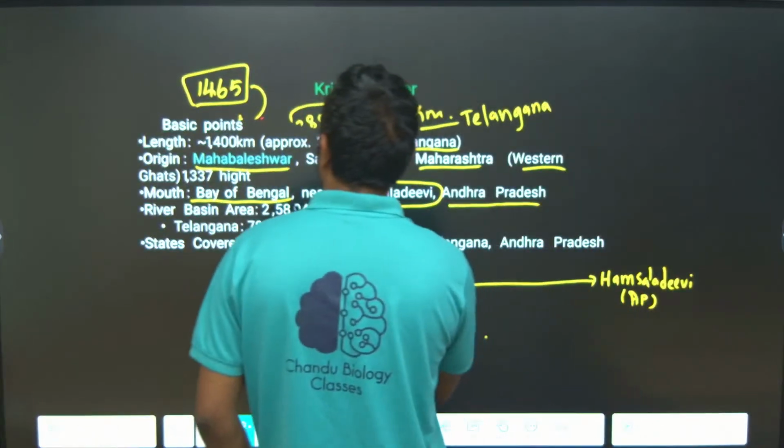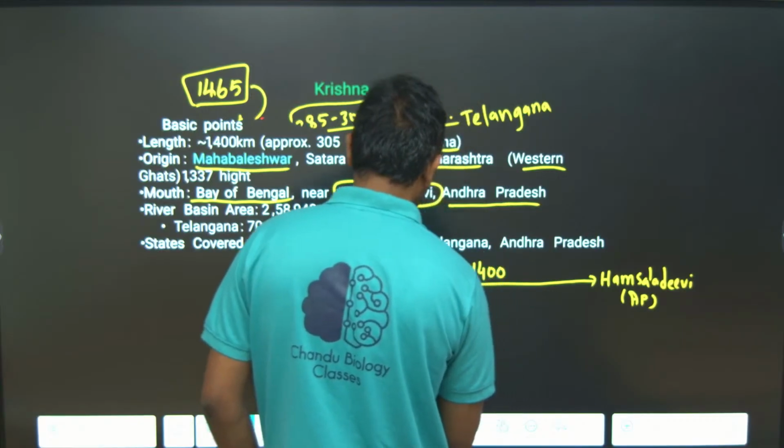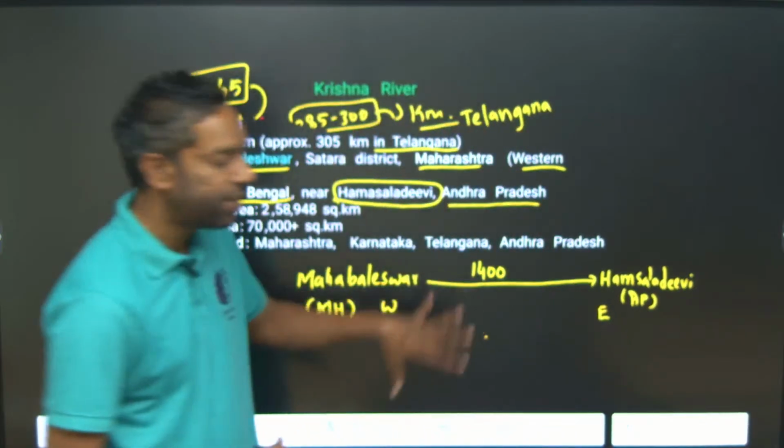It travels 1400 kilometers from west to east. This is the Krishna River.